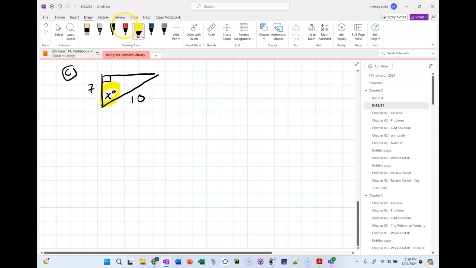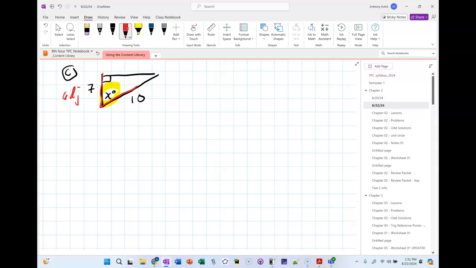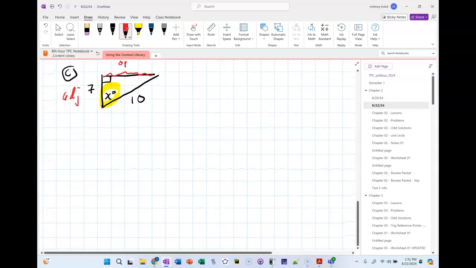So relative to the x, what side is the 7? It is not opposite. It's the adjacent. So remember, the adjacent is going to be part of the angle in question. It's going to be one of the arms of the angle, but not the hypotenuse. And then this side is opposite, and the 10 is hypotenuse.